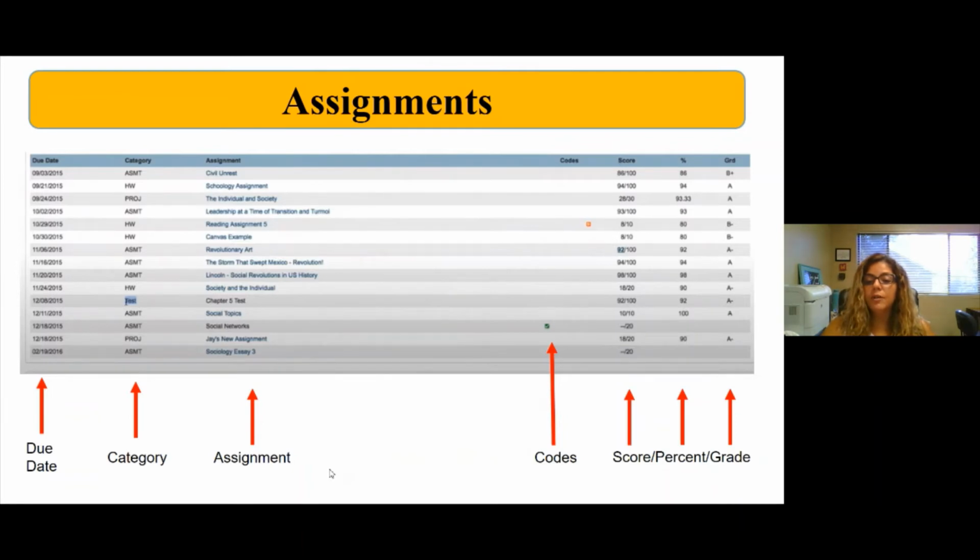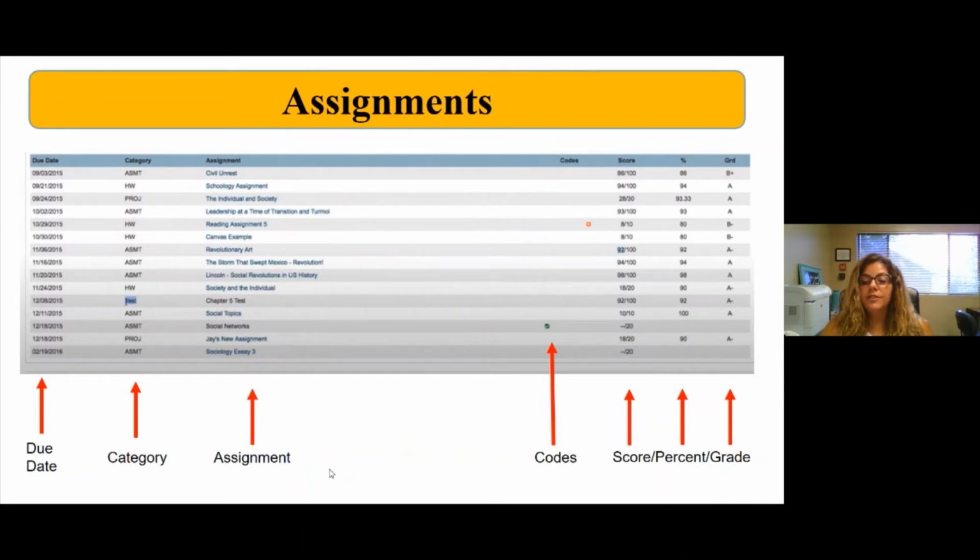That's the codes column. That icon will let you know if the student was exempt from an assignment or if an assignment was turned in late. So you want to go ahead and click on those if you see those to see what the details are on those codes. The score will show the total possible points on the assignment.